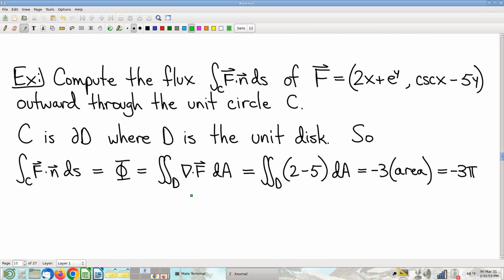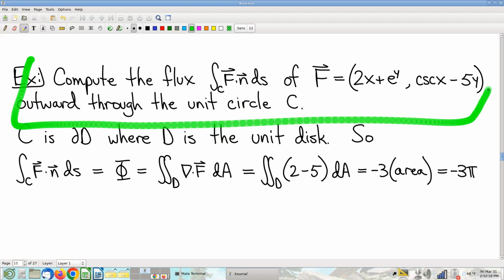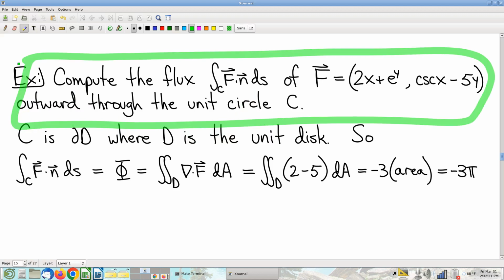Example. We've been asked to compute flux. We've got a vector field given. We have a curve given, with an orientation, specifically outward through the circle. And we want to compute this flux. Notice, very importantly, nowhere in the statement of the question does it say boundary.